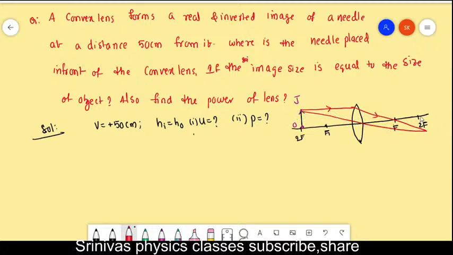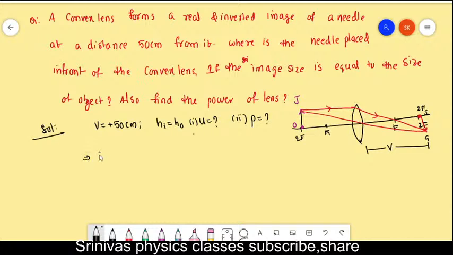They will meet each other and here the image will be formed. This location is 2f. This is the image, and here the object height and image height are the same. That means, in order to form the image with the same size, the object should be placed at 2f.